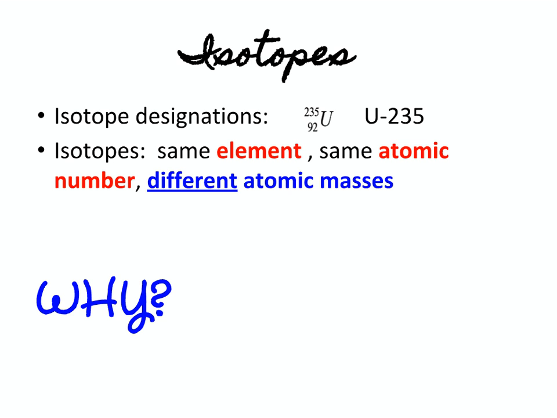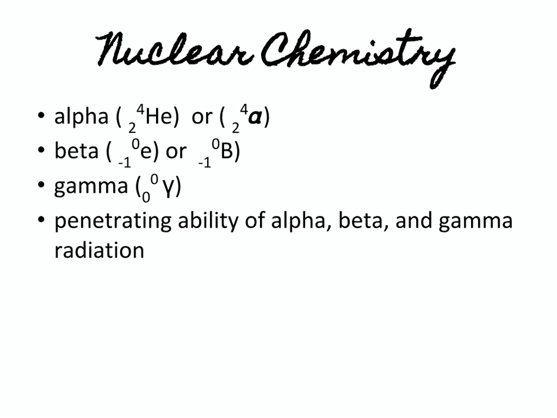Protons and neutrons, right? It doesn't tell us anything about the electrons, except that generally protons and electrons are the same unless we have an ion. So the different atomic masses occur between different isotopes of the same element because what's starting to change? What subatomic particle? Neutron. The neutron count. I think we could do that one.